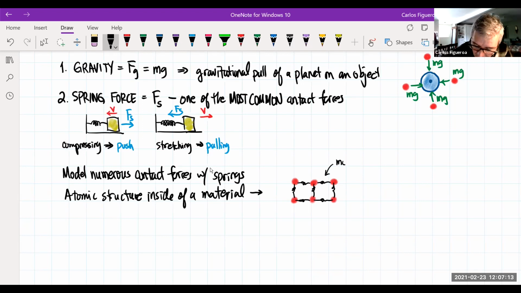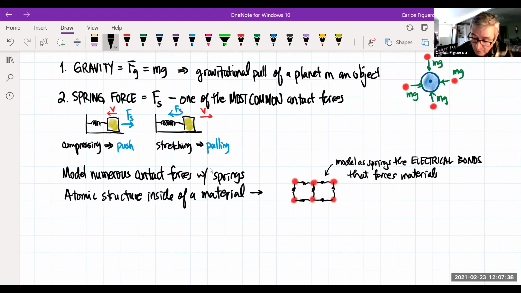So we model as springs the electrical bonds that force materials to bond together.